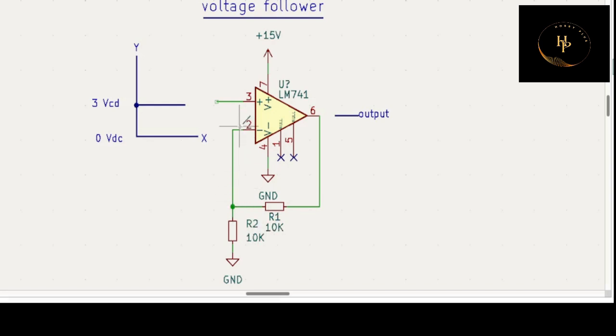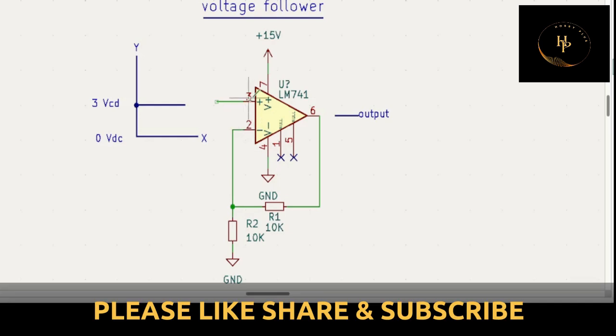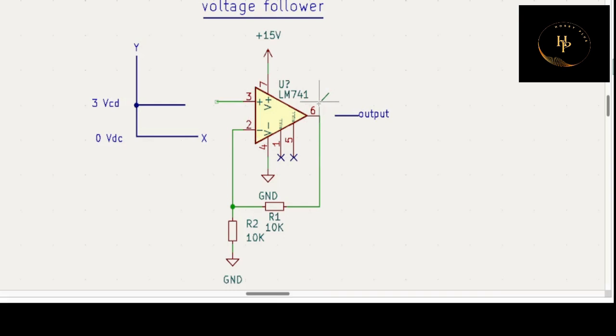That is not equal to the non-invert input to invert input. That is half of the invert input. So this output goes to 6 volt because we need here 3 volt. So this voltage is 6, half of the 6 is 3, which is exactly equal with the invert input. So we get here 6 volt.